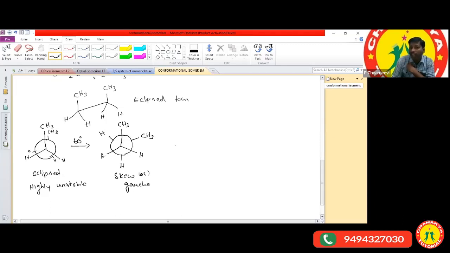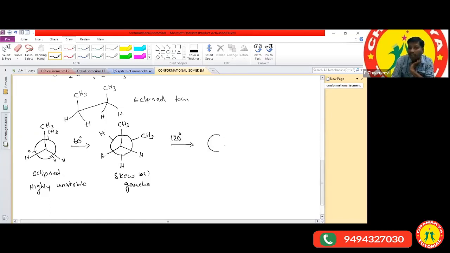Okay, and again, if you rotate one more 60 degrees, 60 plus 60 total, how much is it? 120 degrees. Again I am rotating only 60 degrees, so from here to here you get 120. If you rotate 120 degrees you will get one more structure.